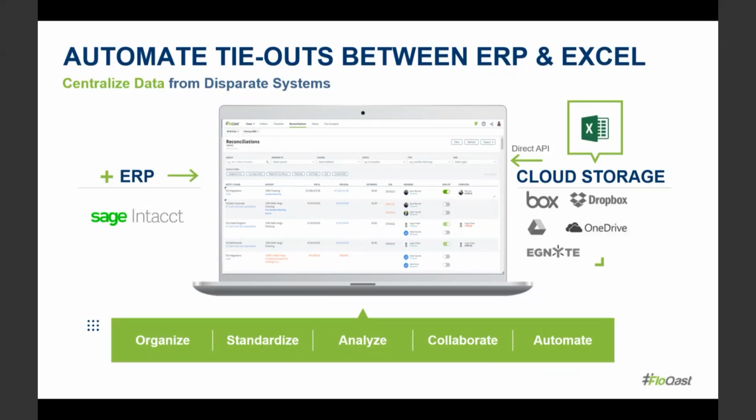It's done. Well, if something happens in the ERP and there is something posted that makes that go out of balance, FloQast will alert you right away of that out of balance account. And even though you signed off on it, we will turn that off so that you can go back and review to ensure that everything truly is accurate before you close out that period.